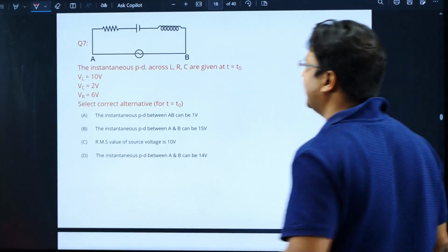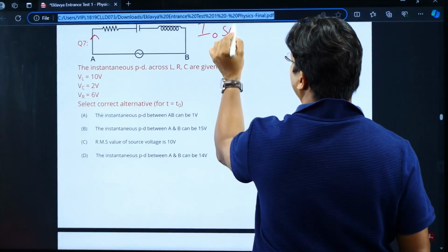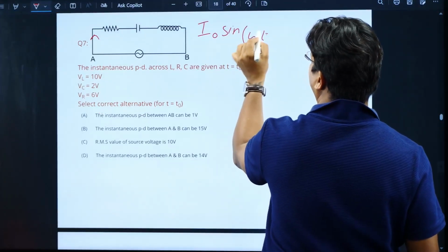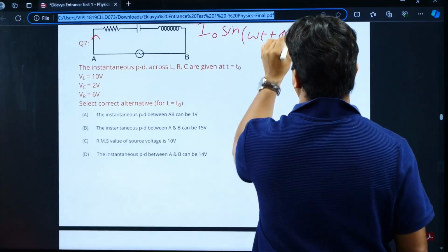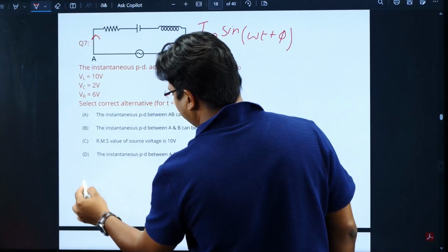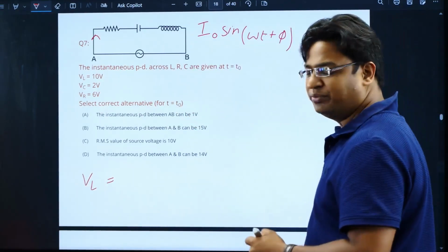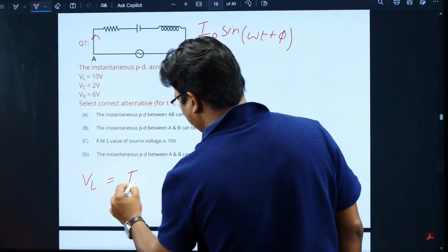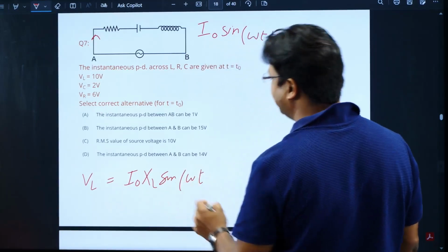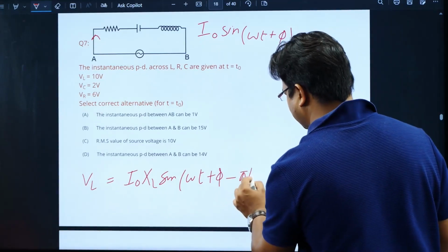So guys, let us say that the current flowing in this circuit is I0 sin(omega t plus phi). Okay, so this is the current flowing in the circuit. The instantaneous value VL, the expression for that should be I0 XL sin(omega t plus phi minus pi by 2).